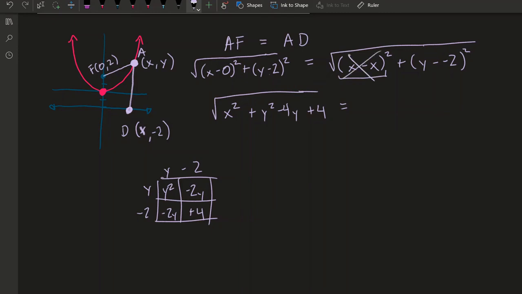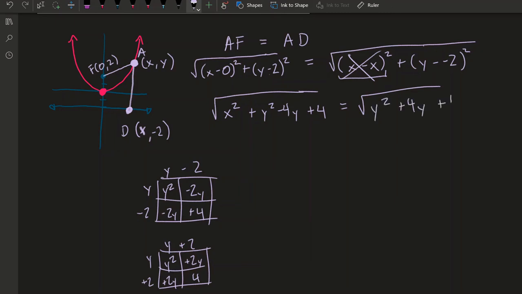So that's just going to go away. Y minus negative 2 is going to be y plus 2 squared. So I'm going to do the same thing. Y plus 2, y plus 2, y squared plus 2y plus 2y plus 4. So I'm going to get the square root of y squared plus 4y plus 4.